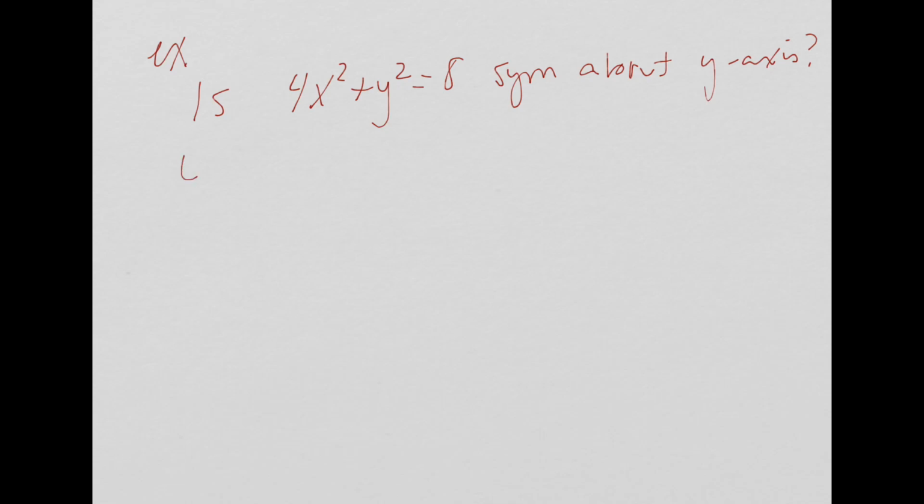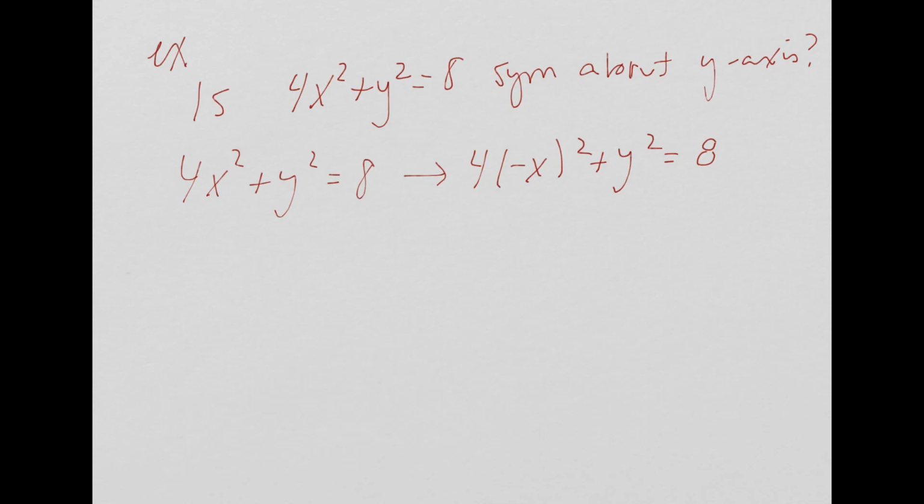Well, let's see. To determine if it's symmetric about the y-axis, I'm going to write my equation down. And now you have to decide, what do I replace? Well, for the y-axis, we're going to replace the x. So everywhere I saw an x, I just replaced it with a negative x. Next, we're going to simplify.